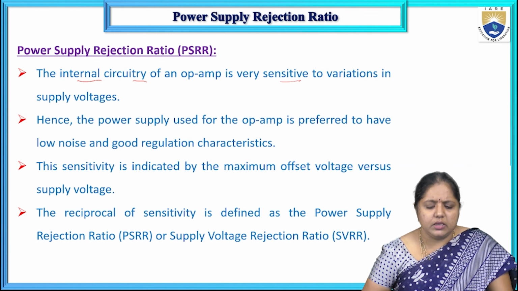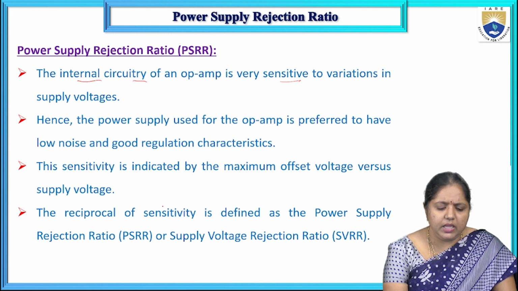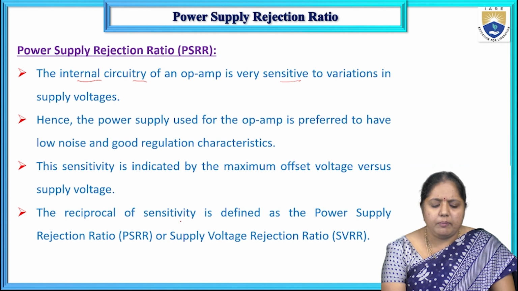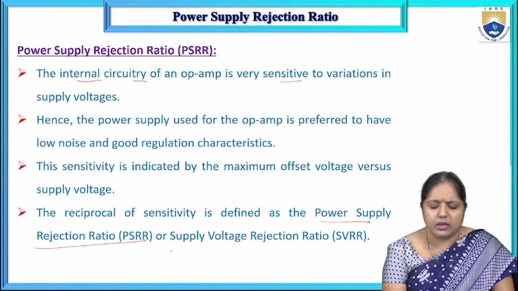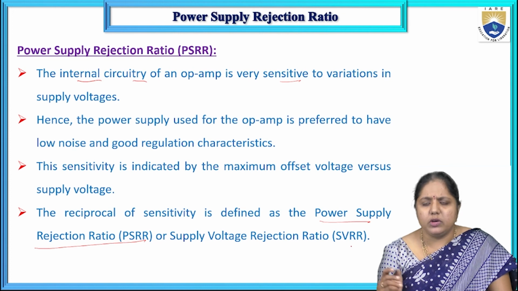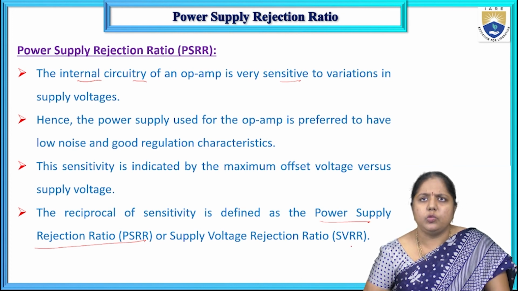The sensitivity of the op-amp with respect to the power supply is represented as the power supply rejection ratio, PSRR, or supply voltage rejection ratio, SVRR.